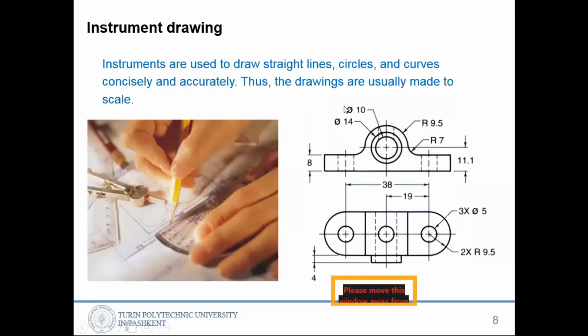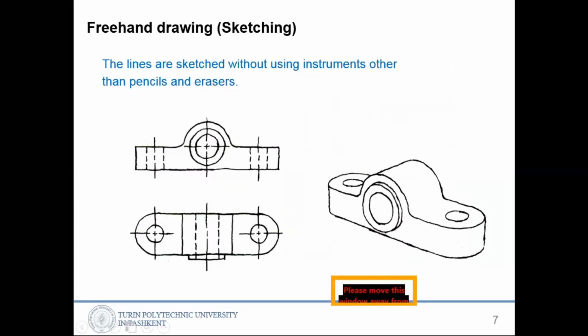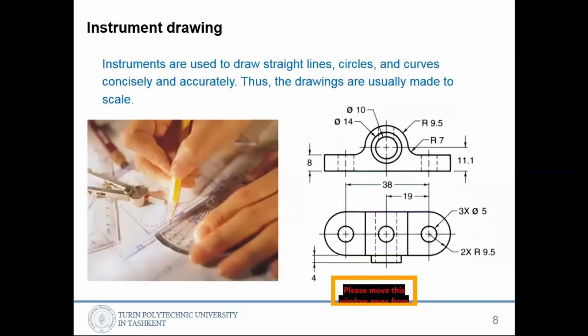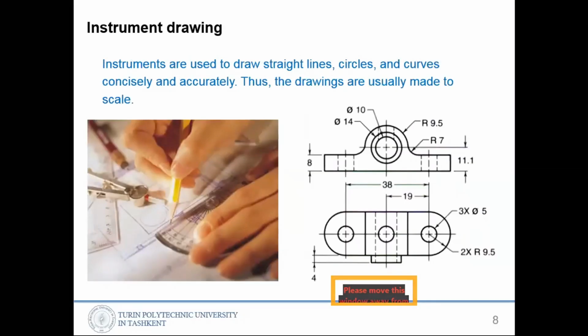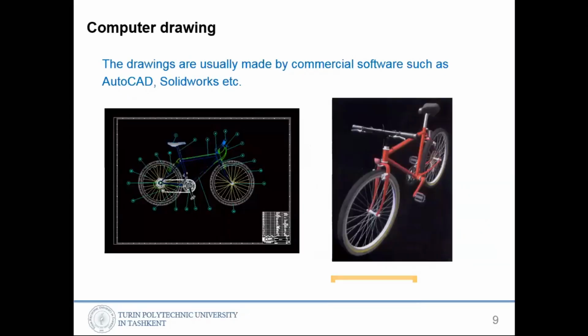So did you understand these 3 types? If you are going to be an engineer, you have to try all 3 of them, and you have to become a master at drawing all 3 of them. Then you have to understand what the differences are and what the good points and bad points of them are.